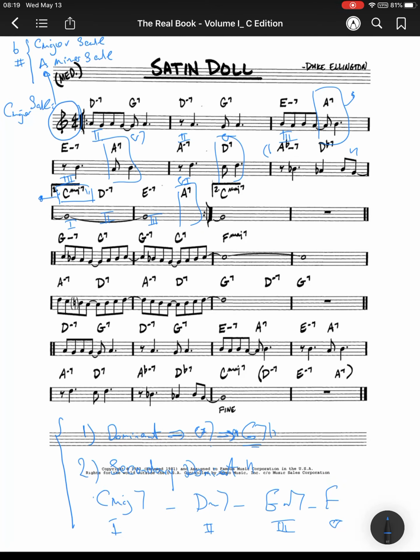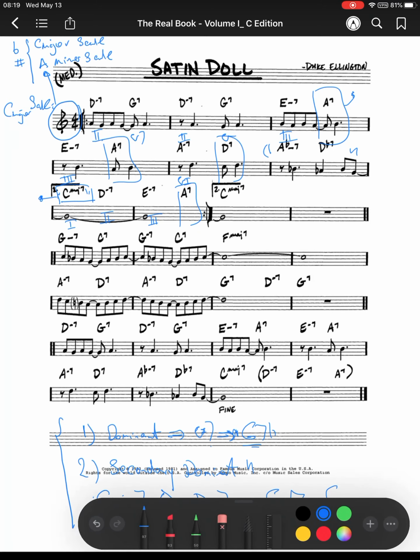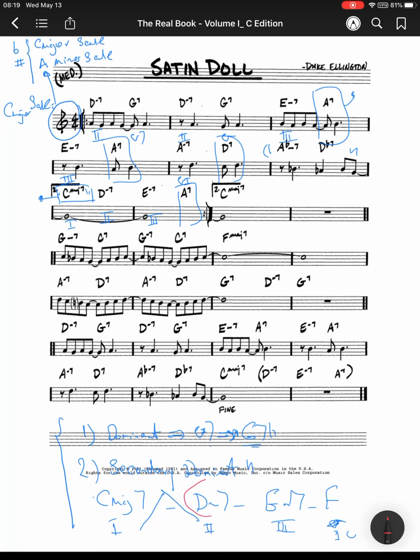A secondary dominant means that if we use C major 7th and then want to use D minor 7th, between them we can use the dominant of the second chord.